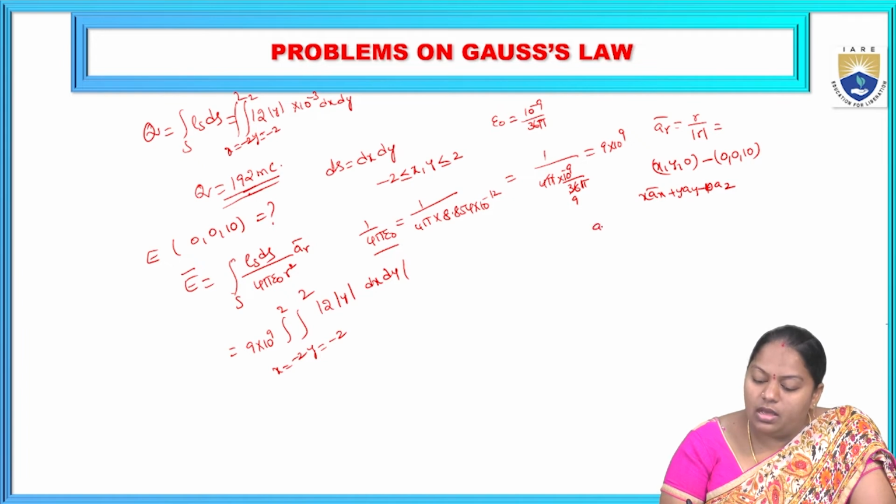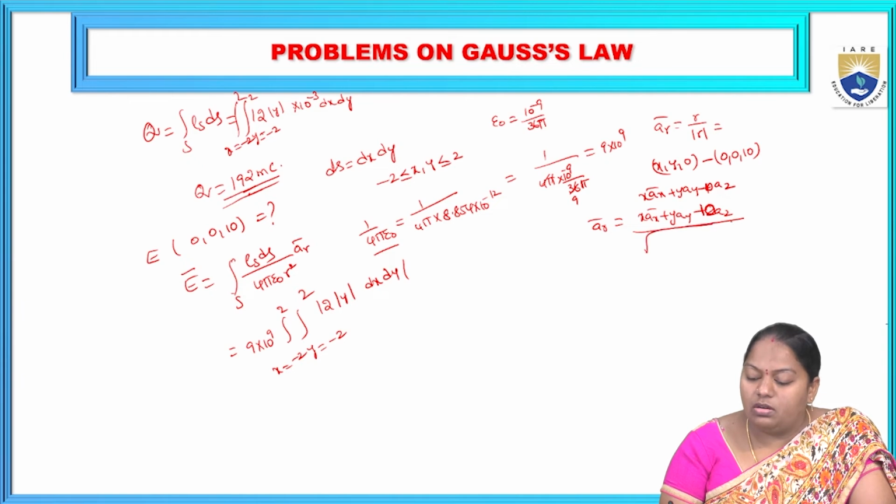Now from this, aR equals R by its magnitude, that is x ax plus y ay plus z az, where z means minus 10 az, divided by the square root of x square plus y square plus 100. Right?